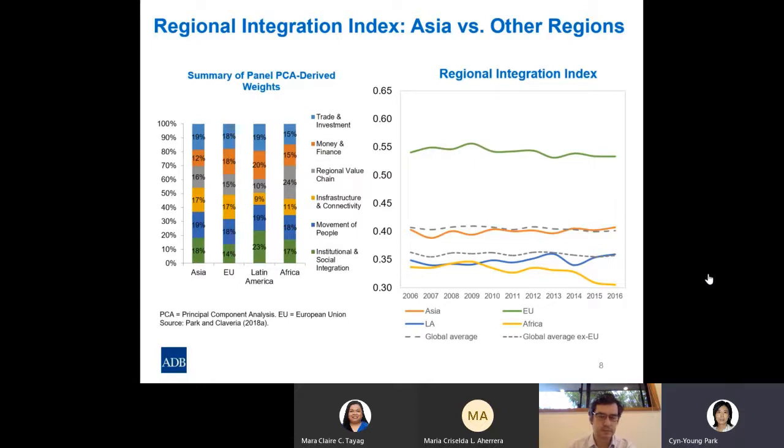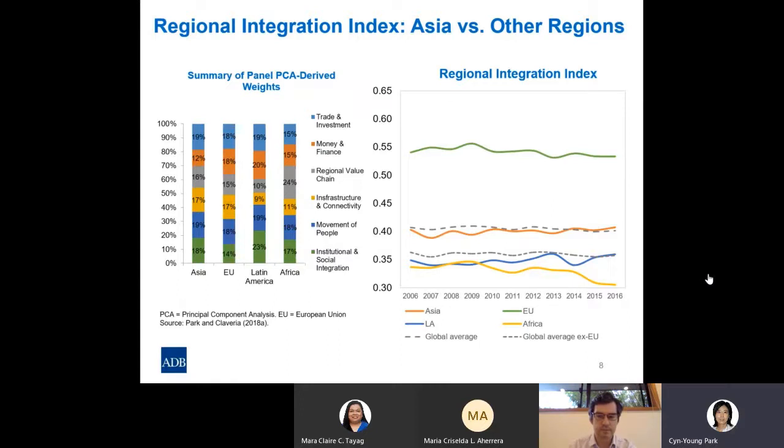But in the past several years, at least since the global financial crisis, more advanced economies have been stagnating in regional integration, while developing countries have made more progress in regional integration.